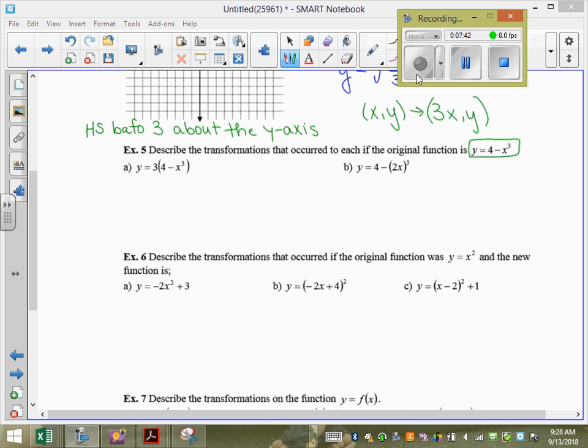Okay, so this is in the bracket with the x. So what does that 3 do? What kind? We'd have to do SRT, or the other form.